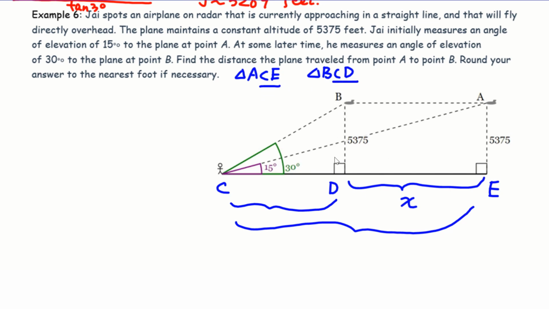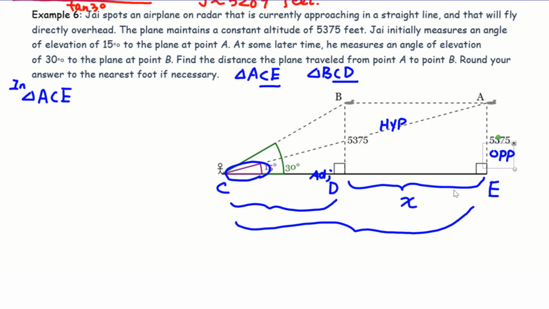So we are going to start from triangle ACE, the bigger one. The angle 15 is given. Based on this angle, we label it. So this is the hypotenuse, and the bottom is adjacent, and the given is opposite.